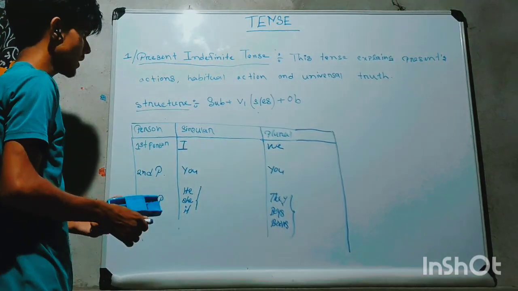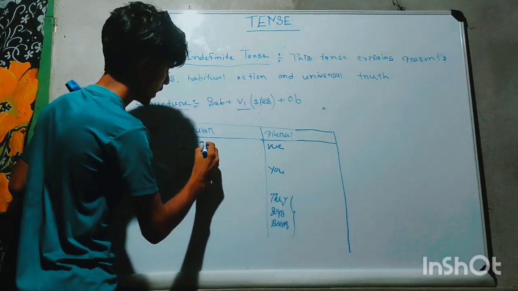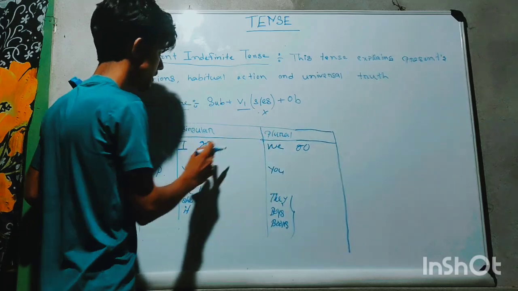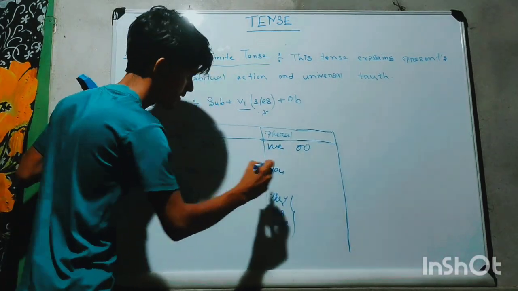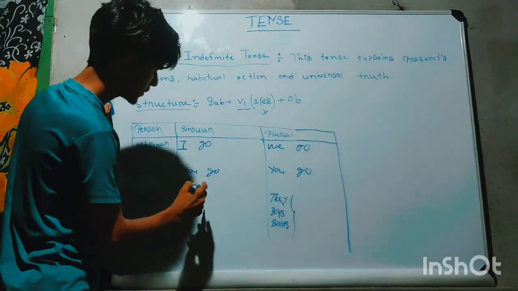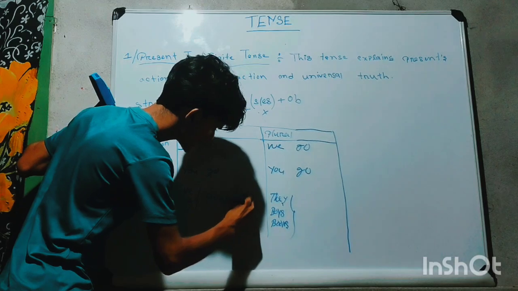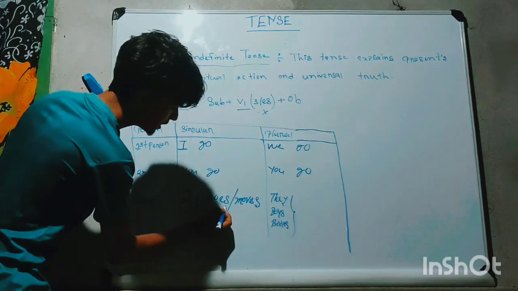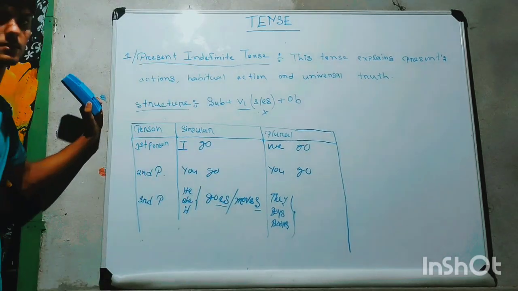We have written the subjects. We use verb 1, so go. I go. We go. We do not use s/es in first person. In second person, either, we do not use it. In third person singular, we use go, goes, and if there is move, we use s. There we use es, there we use s.